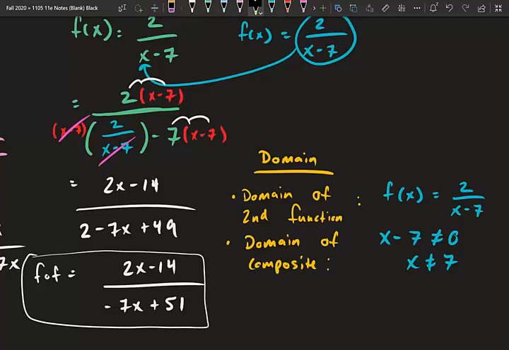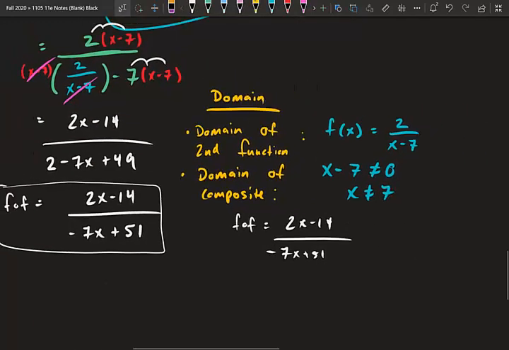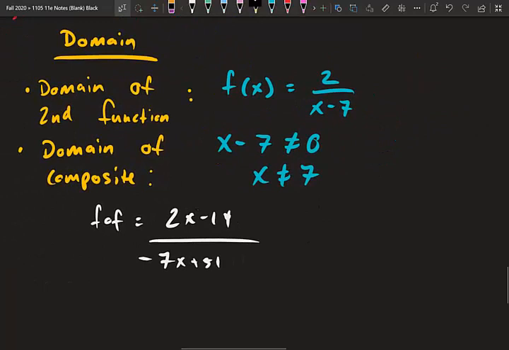So the domain of the composite, so our composite was f composed with f equals 2x minus 14 over negative 7x plus 51. So we said bottom cannot be 0. So we have negative 7x plus 51 cannot be 0. We're going to subtract 51 over. Actually, I would add 7x here to make it positive.